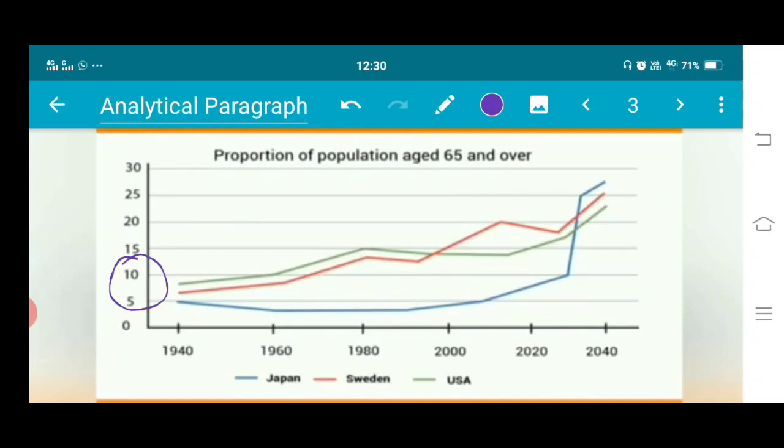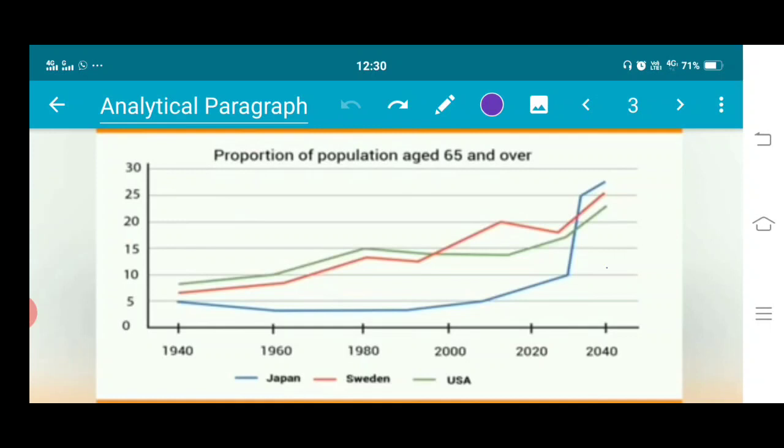Sweden is exactly between 5 to 10, so we can think that it is 7, right? And the green line, for the USA, is near about 9 or 8 somewhere. We cannot have the specific value, but we can just guess it like that.